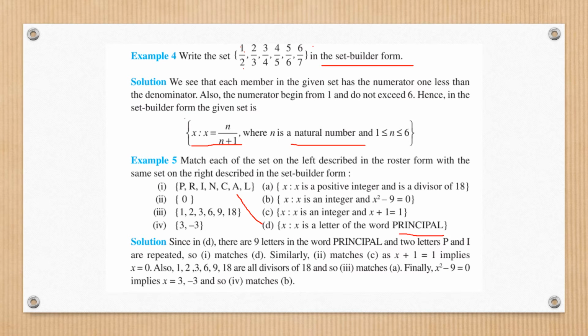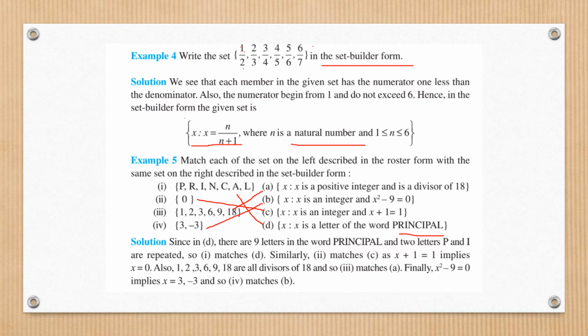Then x is such that x is an integer and x square minus 9 equal to 0. For option number B, this is the correct answer. Now x is an integer and x plus 1 equal to 1. This is option number C. And for the last one, this is the answer. So this is how we can learn about the interpretations.